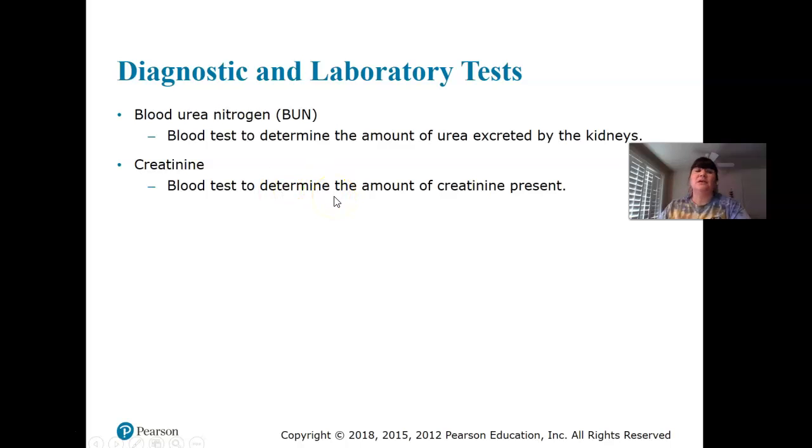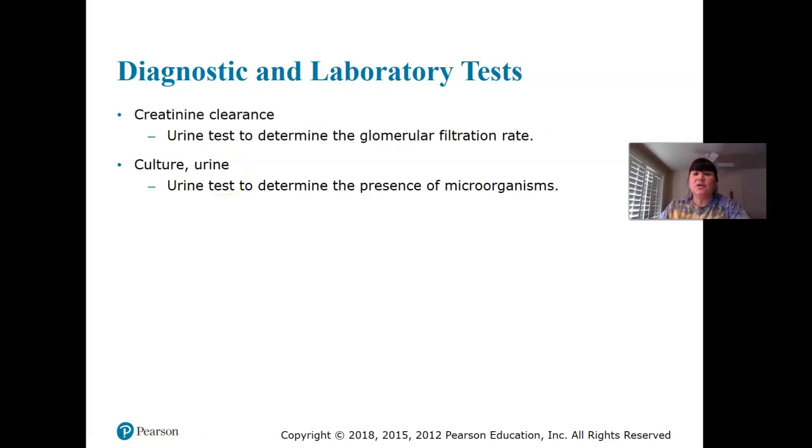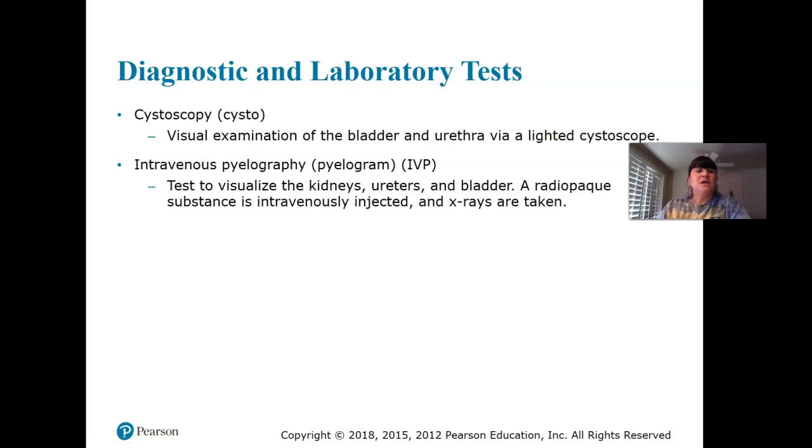Diagnostic tests: blood urea. Again, this has to do with protein and metabolism. Creatinine, that has to do with metabolism again. Clearance actually tells the urologist how well the kidneys are working. You're doing a urine culture, looking for microorganisms, so looking for an infection.